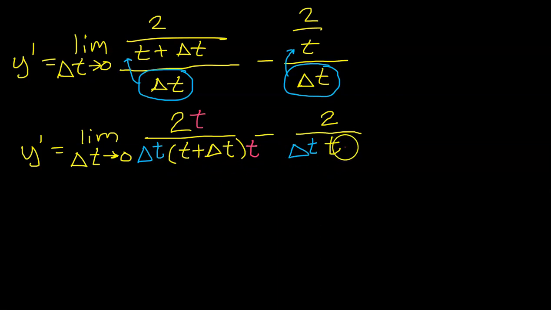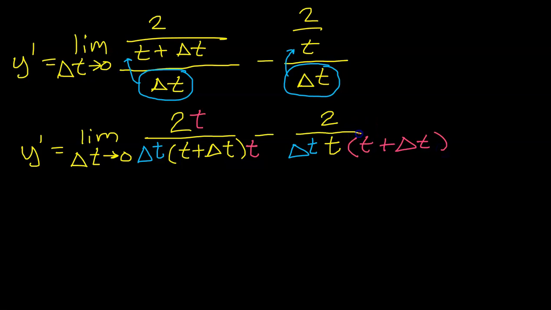So now everybody has a delta t, everybody has a regular t. So the only thing missing is the first denominator has parentheses t plus delta t. The second denominator does not have that, so I'm going to give it one. So here's a t plus delta t.